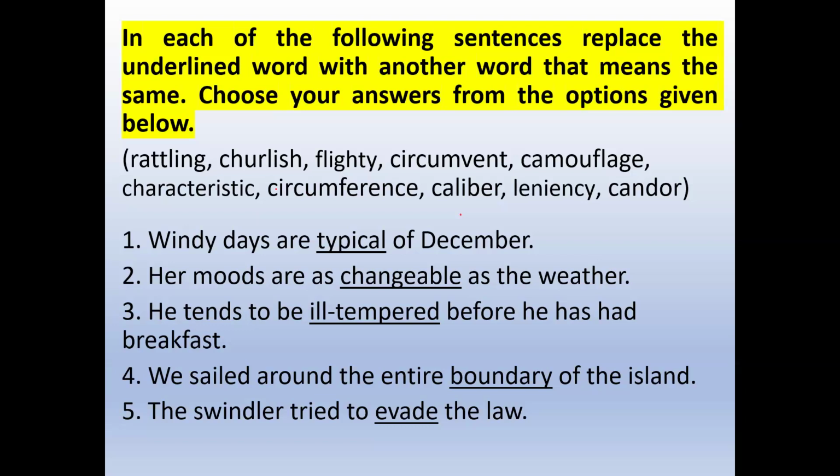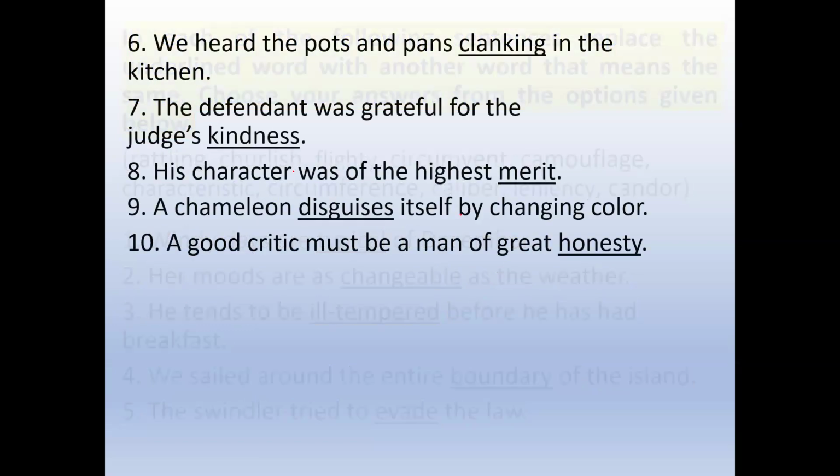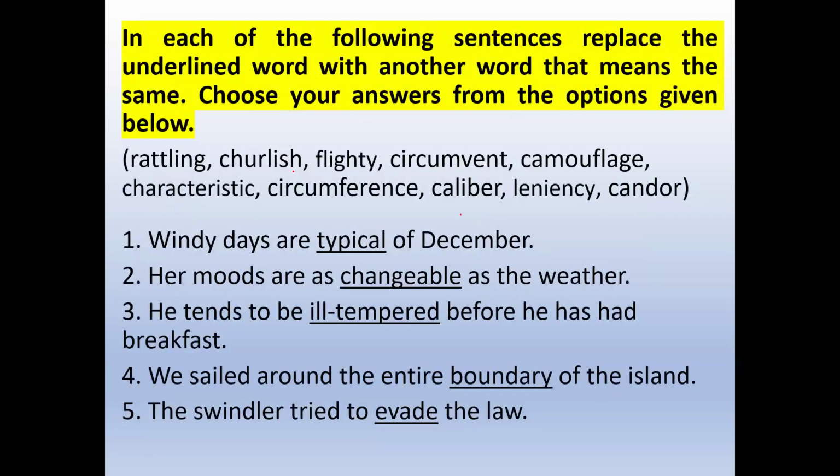I think there are 10. Yeah, 10 sentences, and each sentence has one underlined word. So you find the word that has similar meaning to the underlined word from the list. Some words may not be that familiar to you. It's all right.